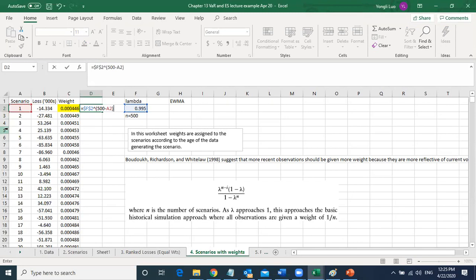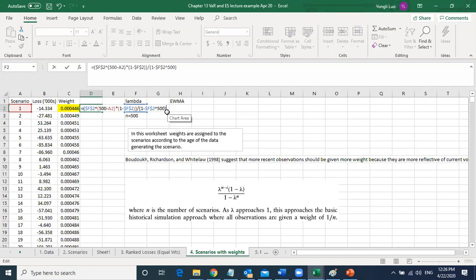Then you multiply by 1 minus lambda, making sure you fix the lambda, and divide by 1 minus lambda, with lambda in F2, fixed, raised to the power of n, where the total number of observations is 500.